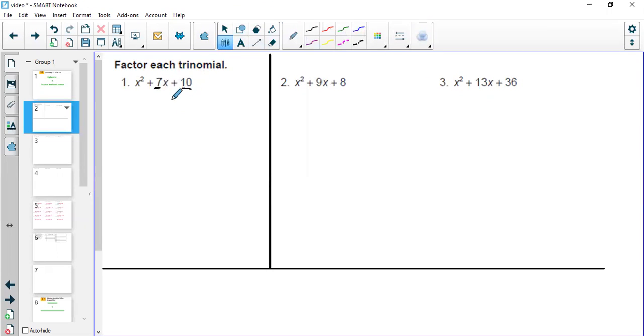Now, what are you going to do? First, here you know that there is a coefficient of 1, right? Because there is no number, it means the coefficient is 1. Keep in mind this method will be suitable for all kinds of factorization, whether it is a trinomial or a polynomial.